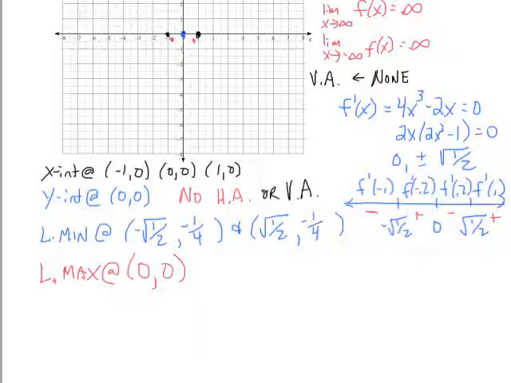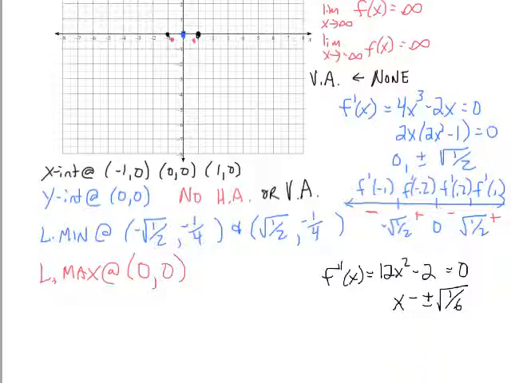Finally, we want to find the intervals of concavity, so we need to take the second derivative. So the second derivative with respect to x is 12x squared minus 2, and if we set that equal to 0, we're going to get x is plus and minus root 1/6.